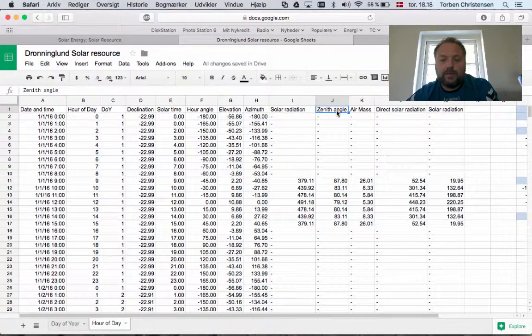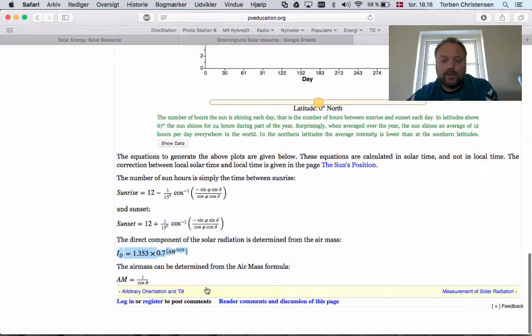First calculating zenith angle, because when I need to calculate air mass, the air mass is the same as 1 divided by cosine of the zenith angle, meaning the angle from directly up from upside.